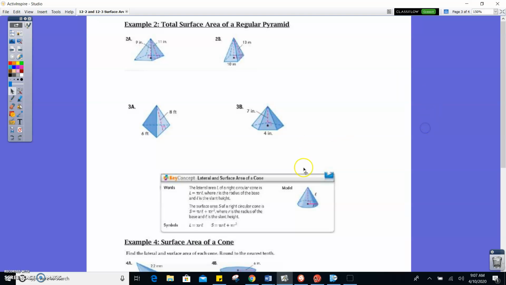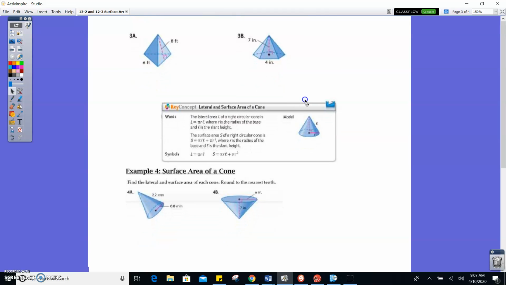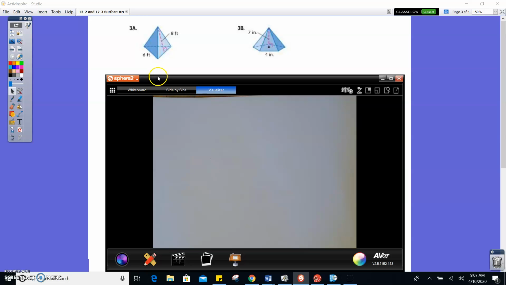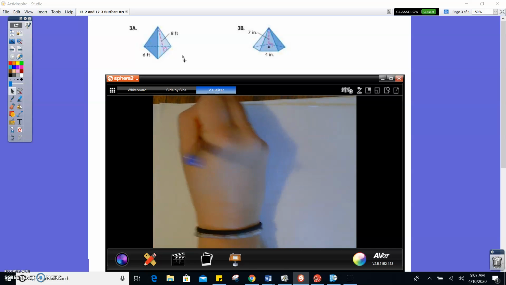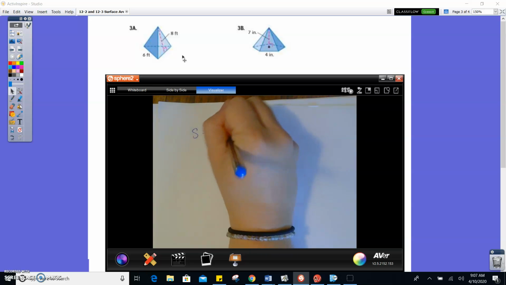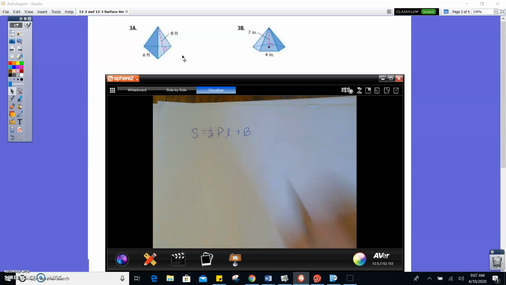Right, so now we're going to be moving on to some more challenging pyramids. So if we look at 3A, this is now a triangular pyramid, but again, we need to remember that we are working with regular shapes, meaning all of those base lengths are the same. So to find total surface area, I'll come over and write my formula. 1/2 perimeter of the base times lateral plus area of the base.